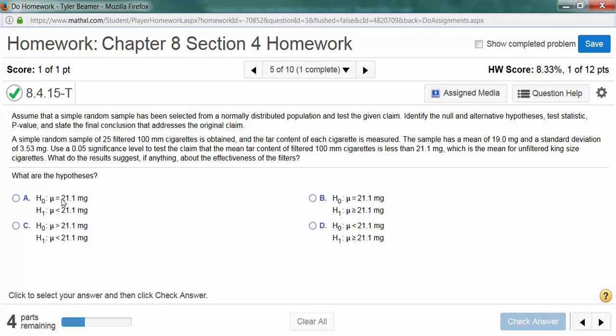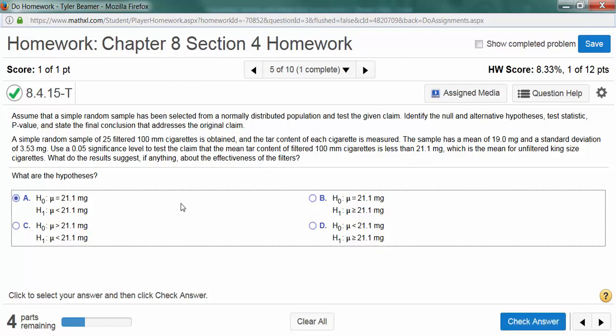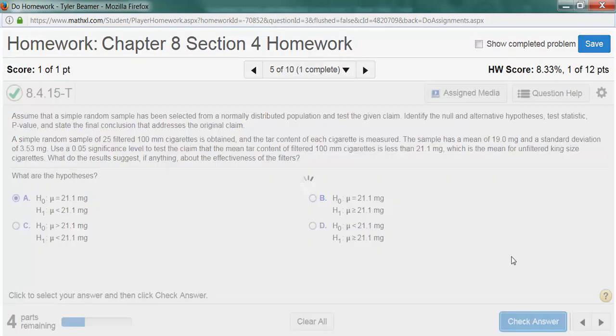And so that would be either A or B. Notice that the null hypothesis should always be a statement of equality, so we can automatically eliminate C and D. And then the alternative we're saying is that the filtered cigarettes have less tar. So the alternative hypothesis is that the true mean is less than 21.1 milligrams, so A should be the correct answer here.